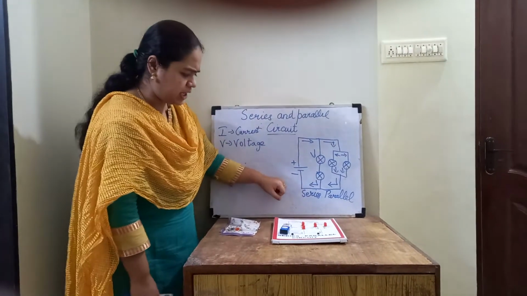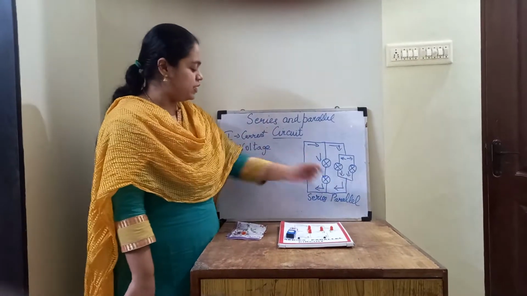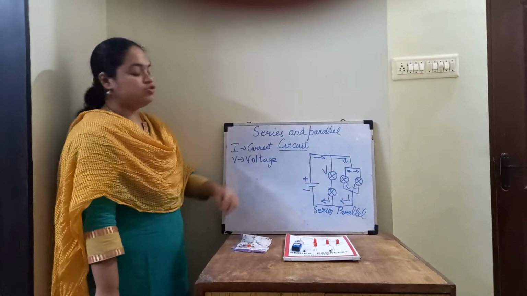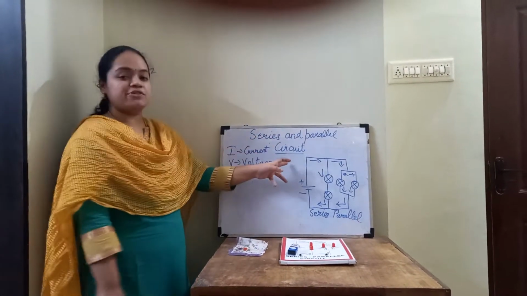So now let's see what is a series and what is the parallel and the difference between the two. Before we move on to this, we need to know two different concepts in respect of a circuit.